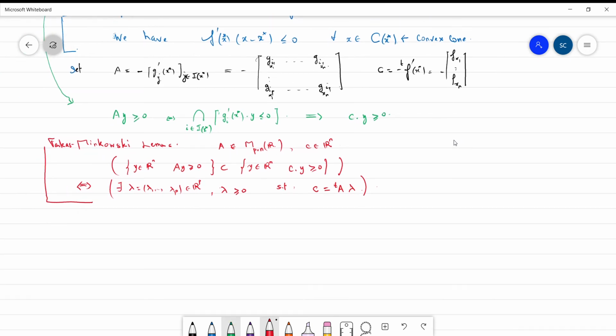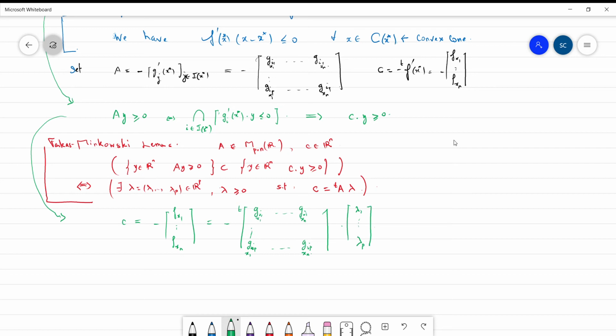So from here, using Minkowski, we can continue and say that our C, which is minus the gradient fx1 to fxn, is the transpose of the matrix with entries g_k x_1 to g_k x_n, times this vector lambda 1 to lambda p.